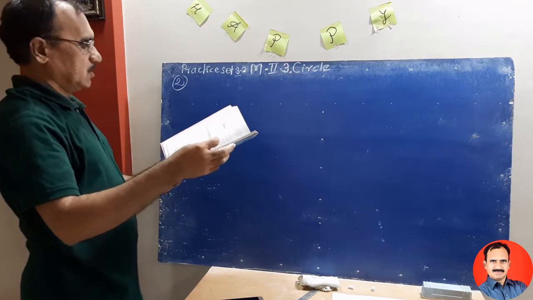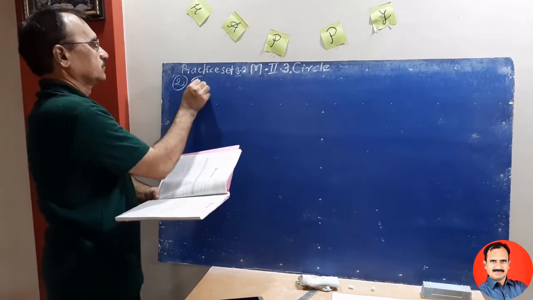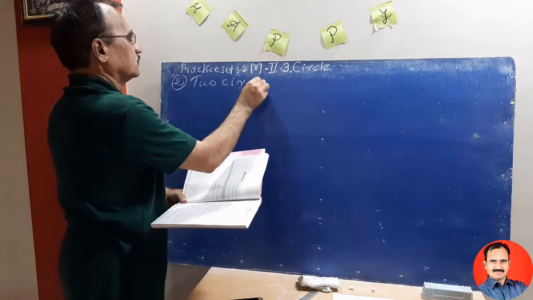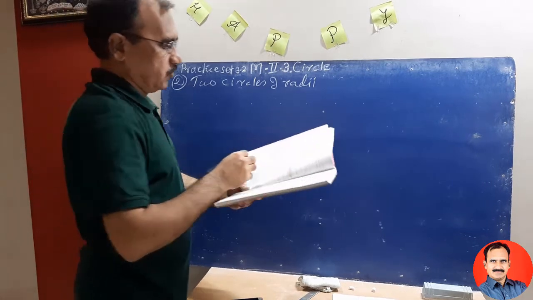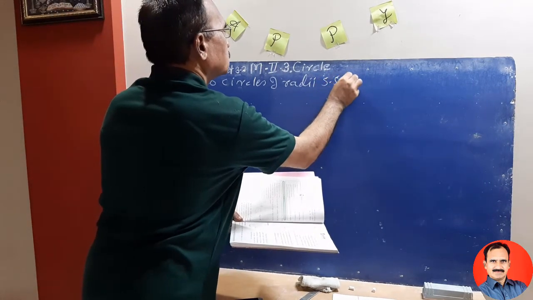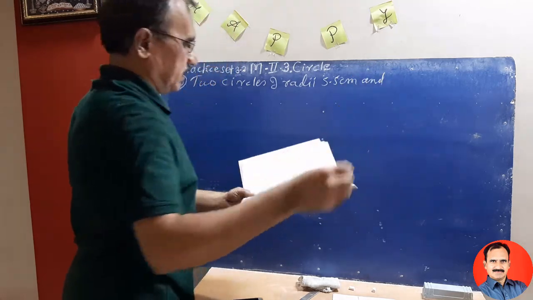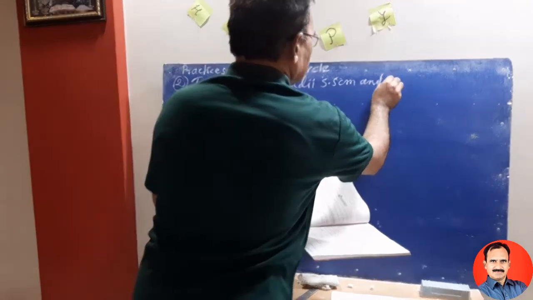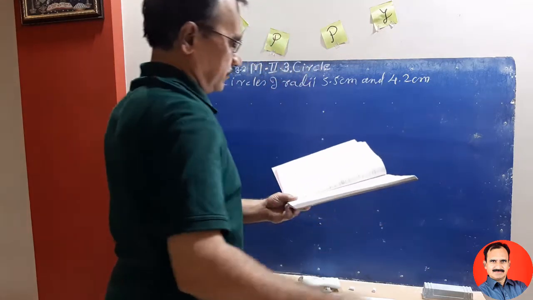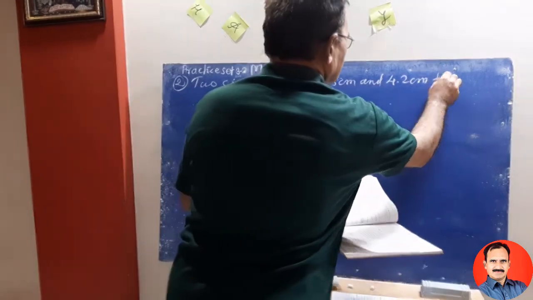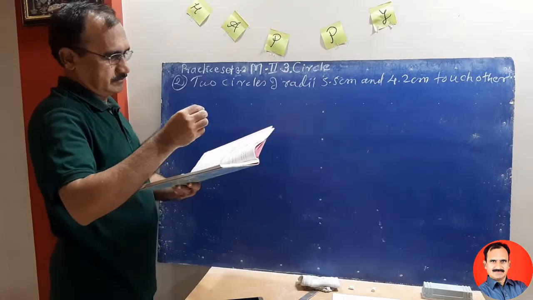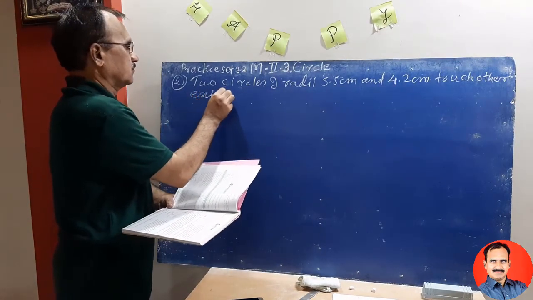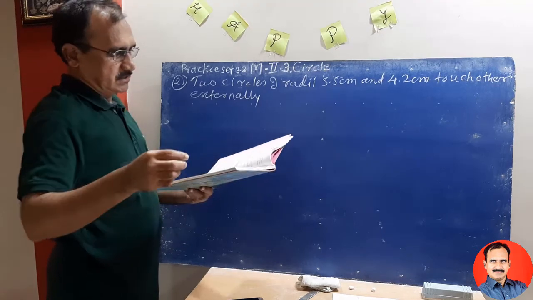The second one is: two circles of radii 5.5 cm and 4.2 cm touch each other externally.